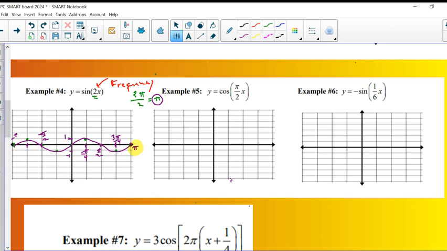Okay, so this concept of doing 2 pi over b, where b is the frequency, is going to help us find the new wavelength, or the new period. So it's just 2 pi over that coefficient.